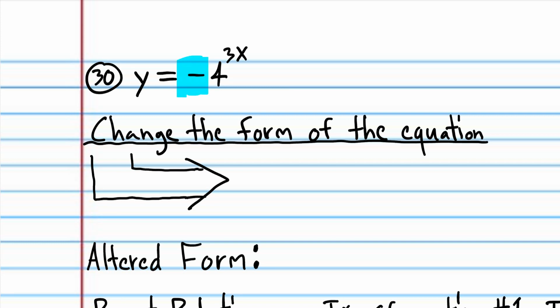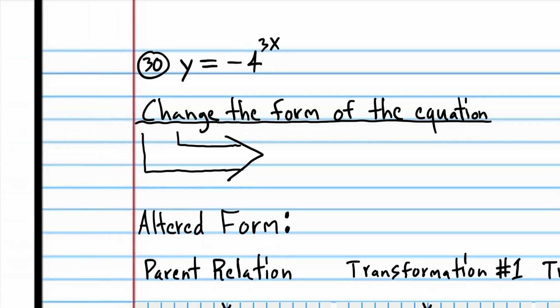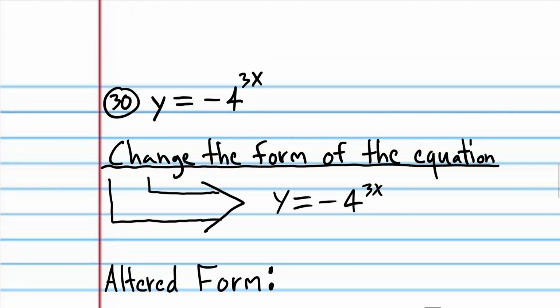But what about this negative here? What does that mean? Well, again, we don't know what it means. We have to put that negative on the other side of the equation. So I'm going to rewrite the equation. And it's so important to understand that this expression means negative 1 times 4 to the 3x. That's what that means.